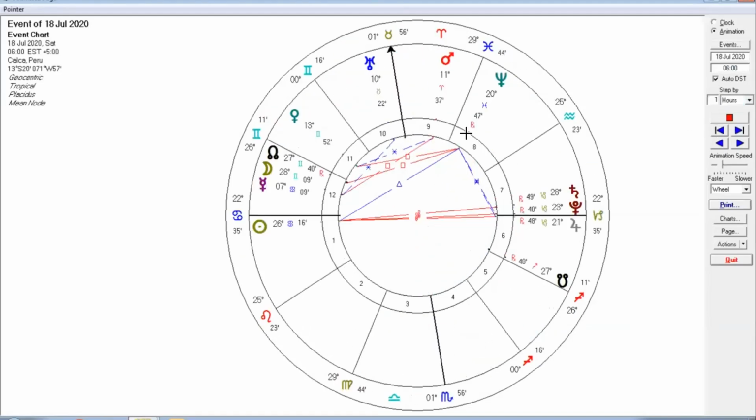So when we take this example, and this is relevant to the ascendant, in this particular chart, you see the sun here very close to the ascendant. If you want to get specific, the sun is 26 degrees of Cancer.